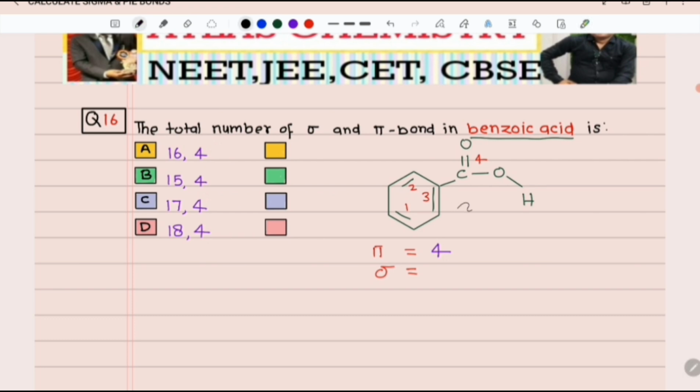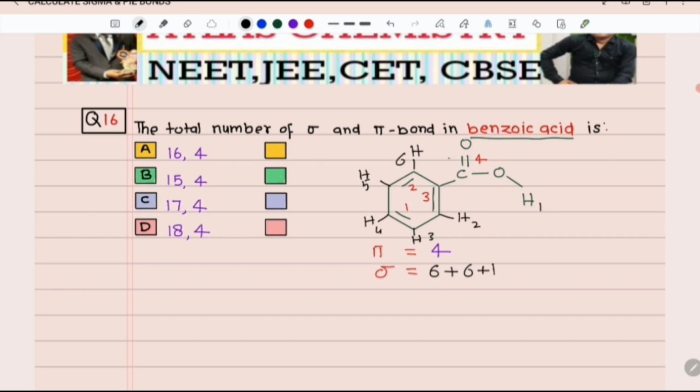So in benzene there are hydrogen atoms present on the carbon atoms, so it looks like this. If we count the total number of hydrogen atoms, here is 1, 2, 3, 4, 5 and 6 hydrogen atoms. So there will be 6 sigma bonds, plus in the benzene ring there are 6 sigma bonds, plus in the carbonyl group, that is C double bond O, one is pi bond, another is sigma bond.